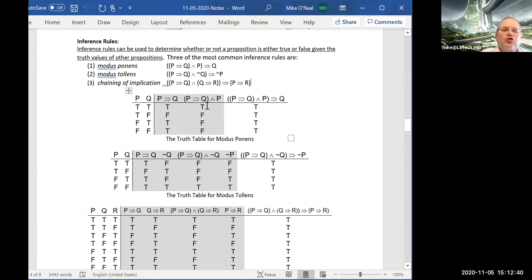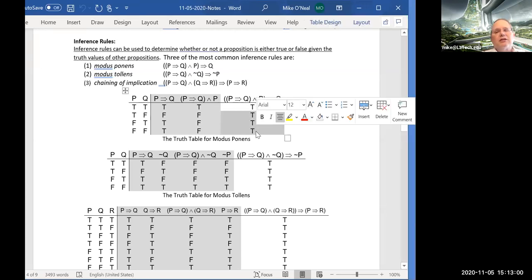Well, true implies true is true. When the premise is false, we remember that the implication is always true, because it's vacuously true in these three cases here. It's true, but it doesn't tell us anything.